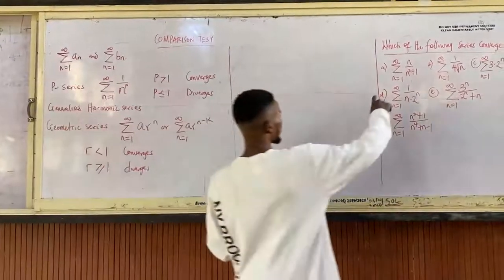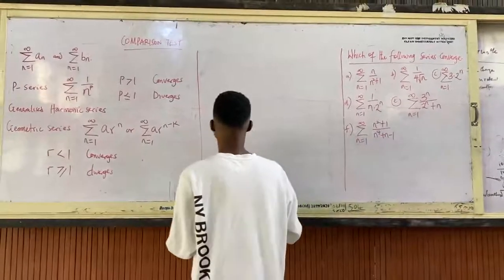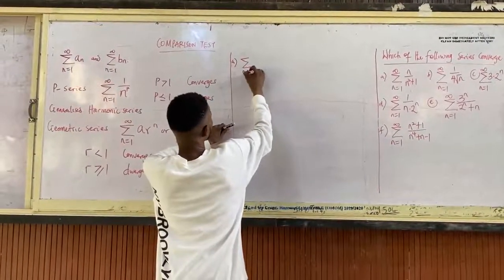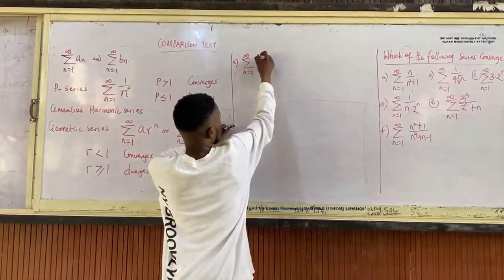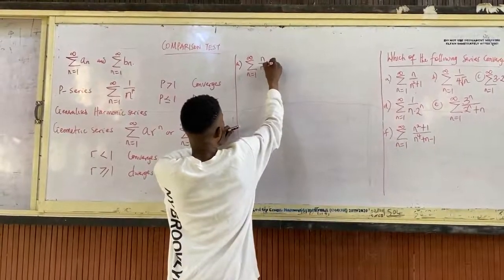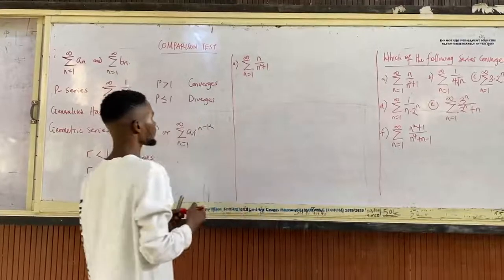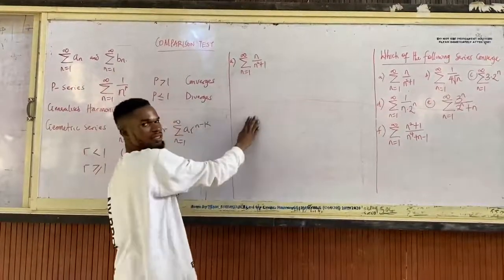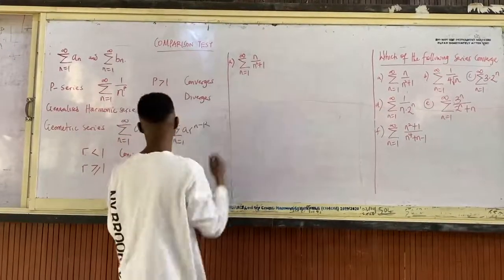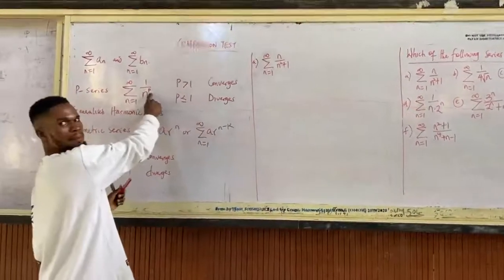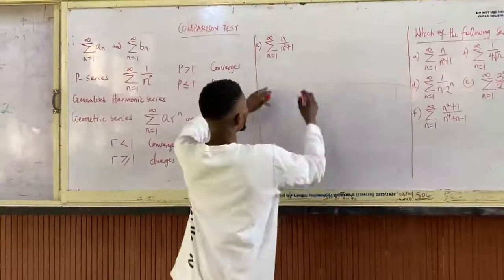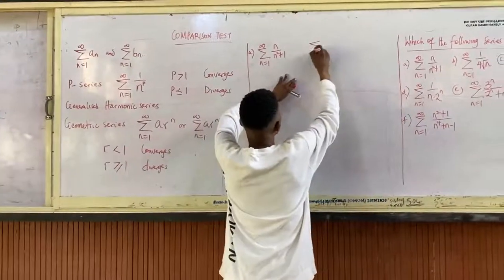Now look at this series here. First one, n over n squared plus 1. Now this series behaves like a P series because this is n raised power 2, just like n raised power p. So we need to compare this series with this.